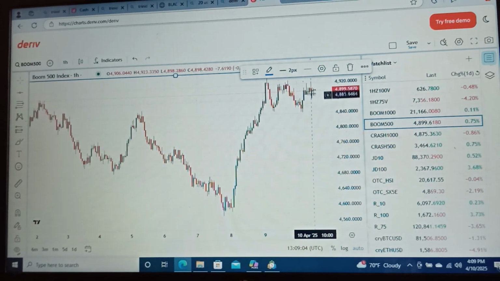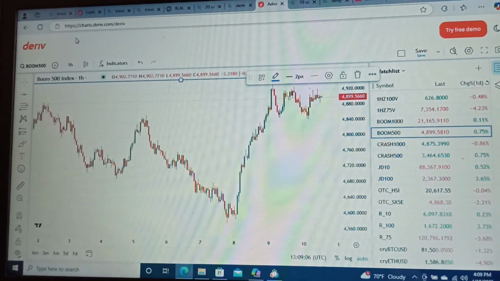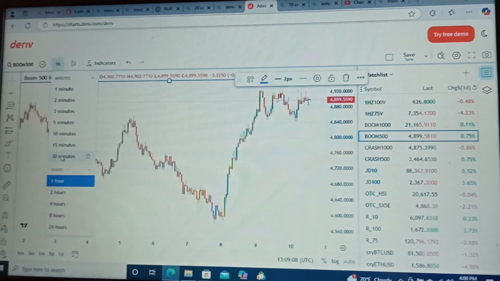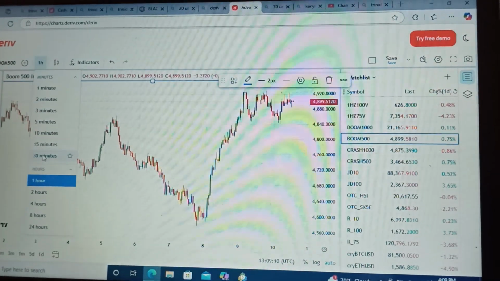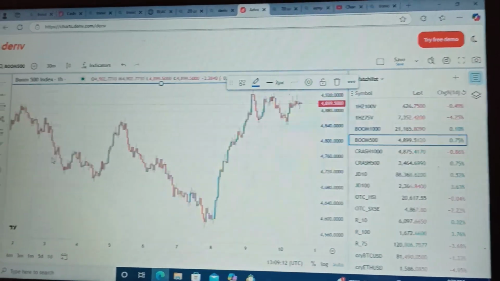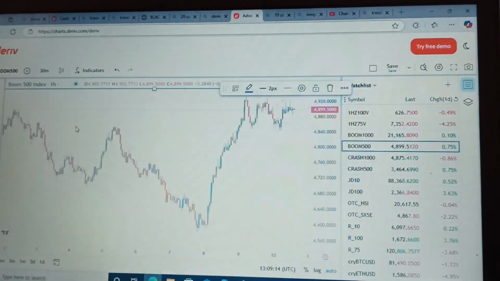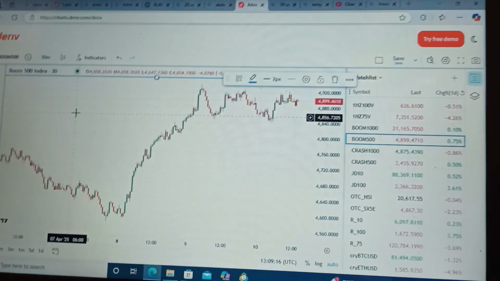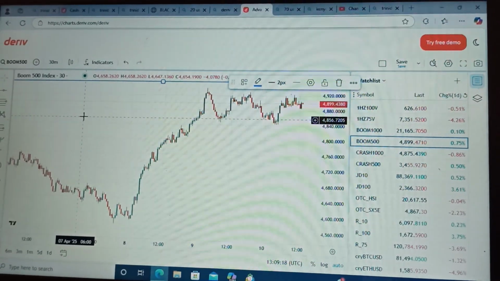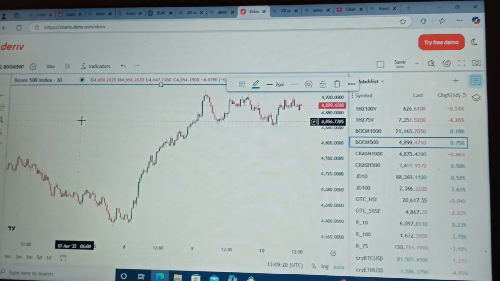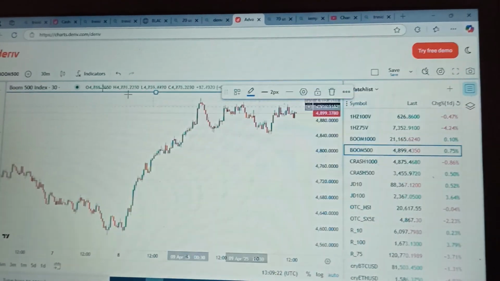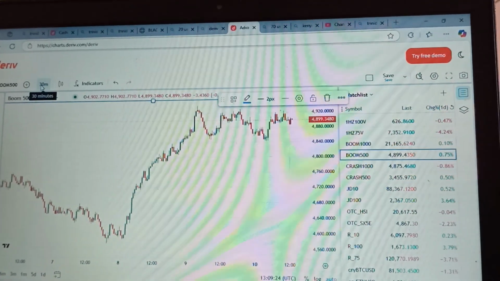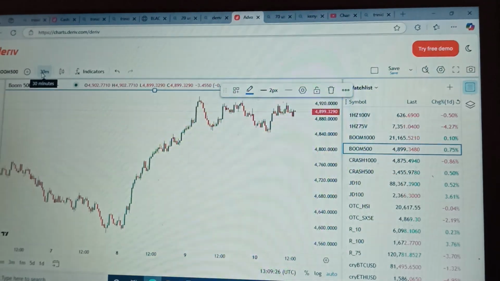Let's see whether you can get a confirmation on the 30 minutes entry. Let us see. It's still not very visible on the 30 minutes.